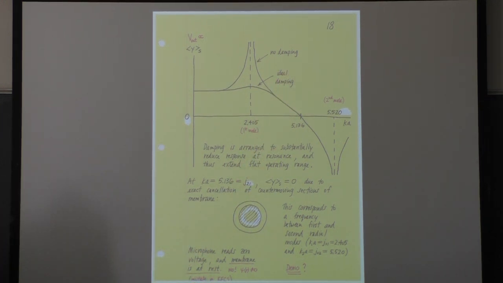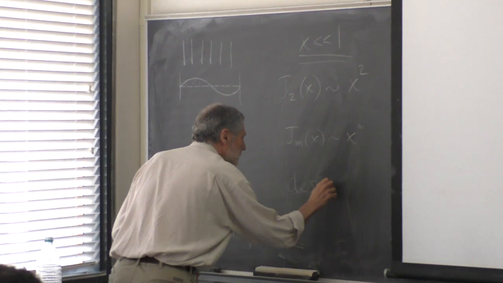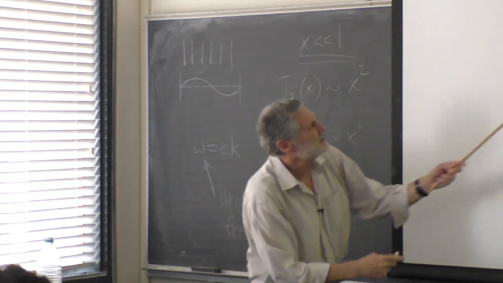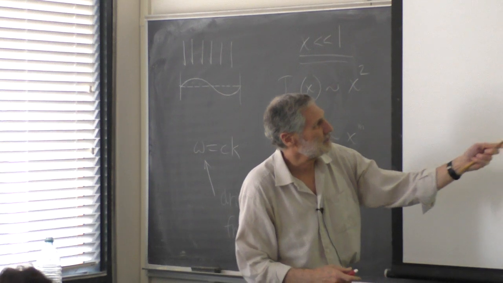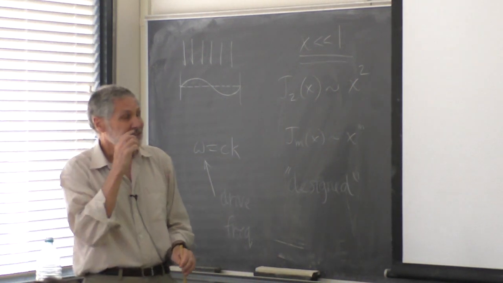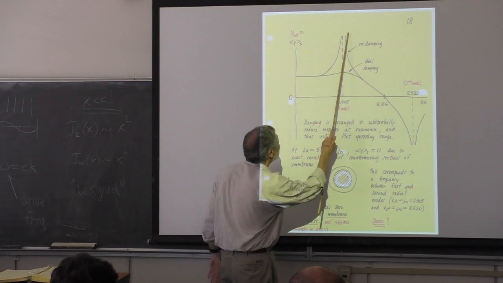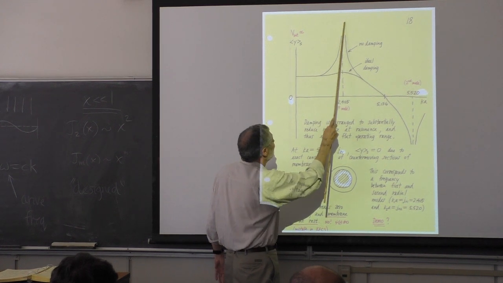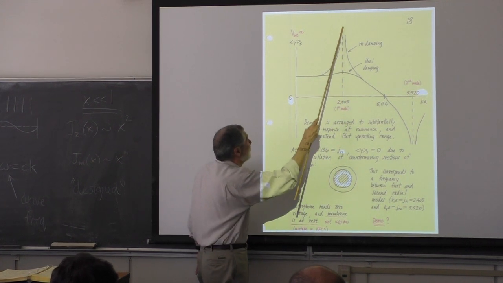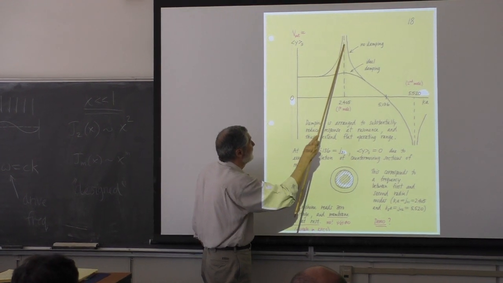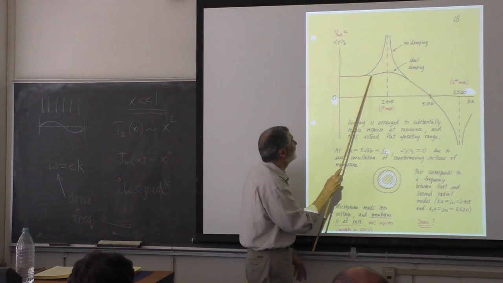Typically in microphones, what they do, it's better to replace this ideal, I don't think that's appropriate here, with design. They adjust the damping in the microphone. Otherwise you'd get this big peak right here. They bring this down from where it would be just due to the natural damping. They add damping to bring it down to extend the flat regime.